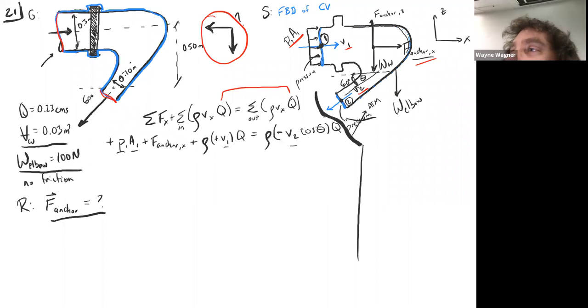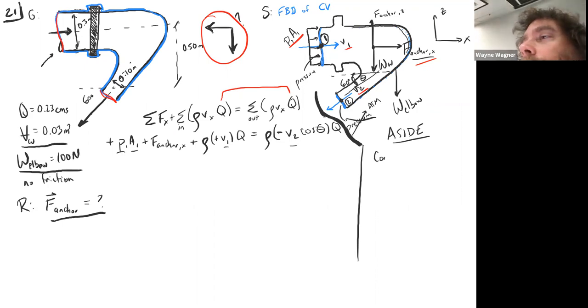So over here we're going to do some asides, and what the asides are going to do is help us solve for the things that we need. We don't have V1 or V2, so we're going to use continuity for that. I'm going to say that Q1 equals Q2 equals just Q, because we only have one Q.